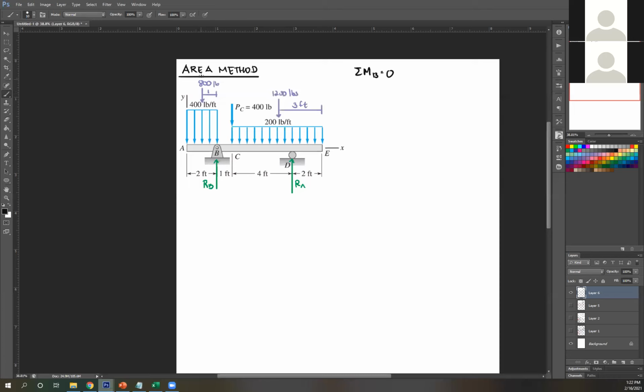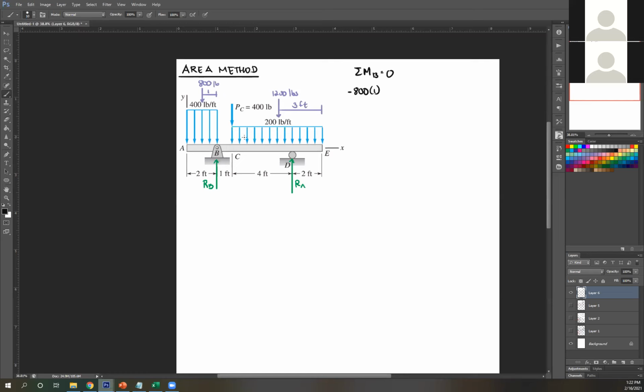Now let's start with the leftmost side. So we get 800. So 800 about B is counterclockwise. So negative 800 times distance from B. As you can see, that's 1. Next, the moment of RB about B is neglected or is not considered.